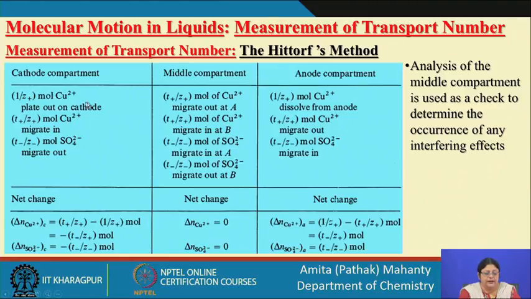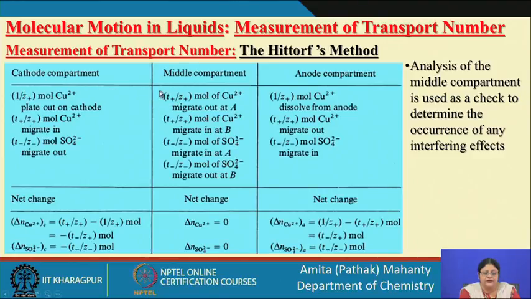This is what is happening, and what is happening here, the fraction of the current which is carried when you are passing q amount of electricity, then this into the fraction of the transport number, the fraction current carried by each of the cation and anion has to be multiplied.